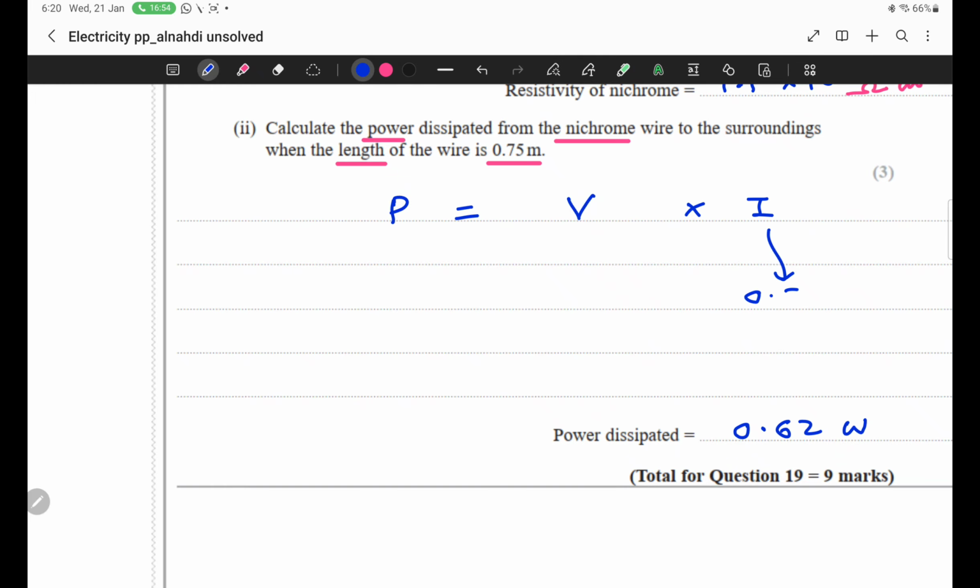And I use P is equal to VI. Sir, I is 0.2 constant. Okay, this V, sir, V from the graph, it is 3.1. Okay.